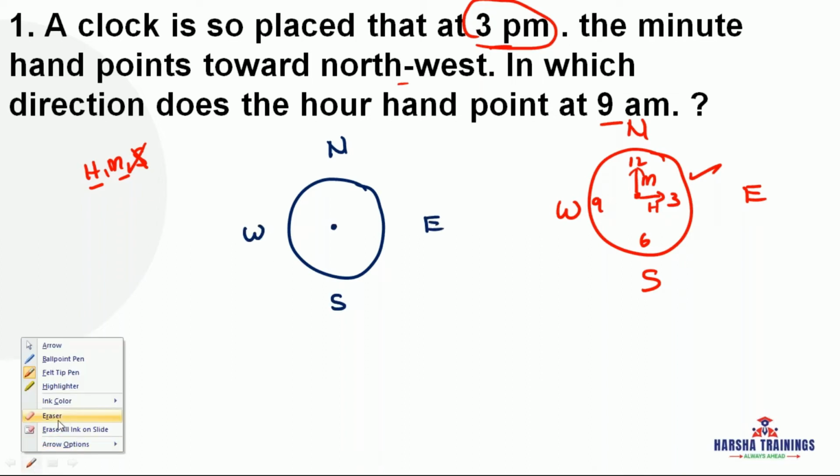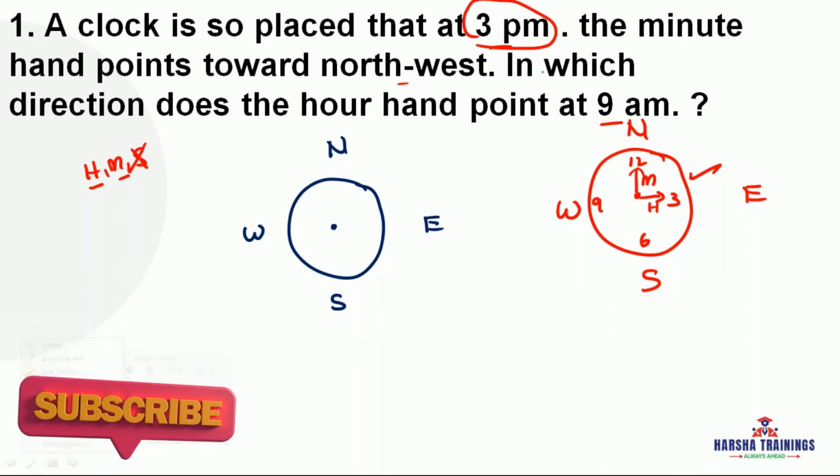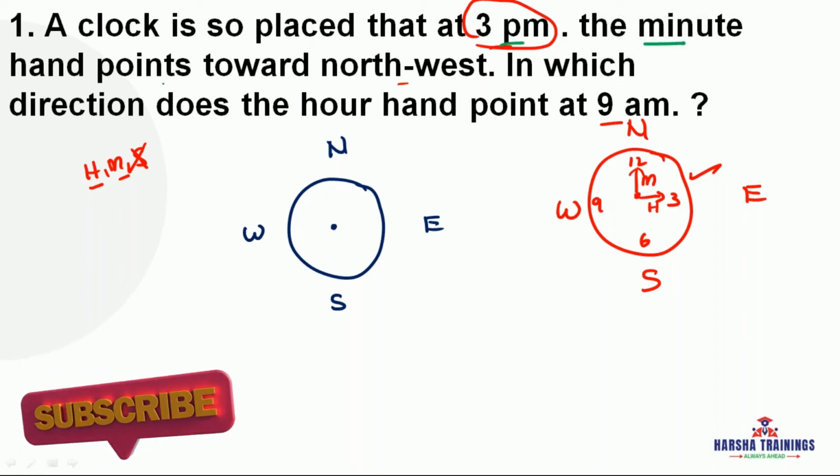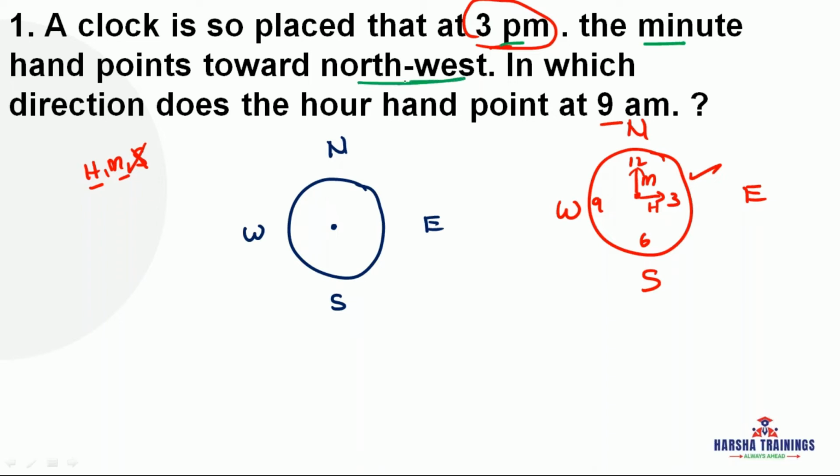The given information: at 3 p.m. the minute hand points towards northwest. The minute hand points towards northwest. Where is 12 here? It is in the northwest, so just change the hands. This is 12 o'clock, and opposite to it is 6.